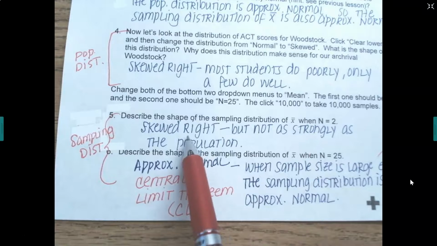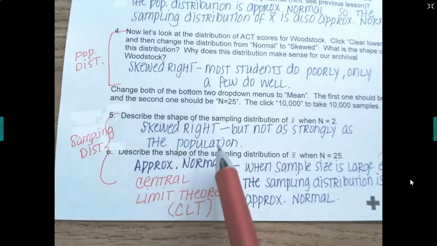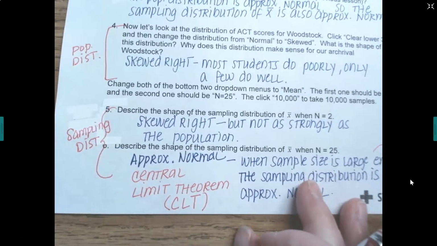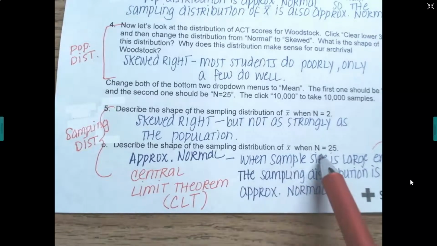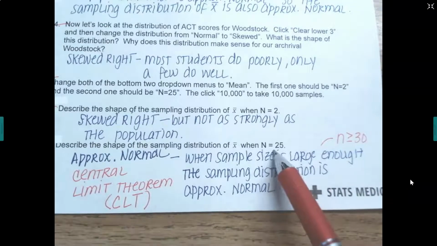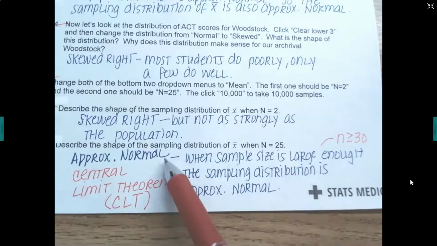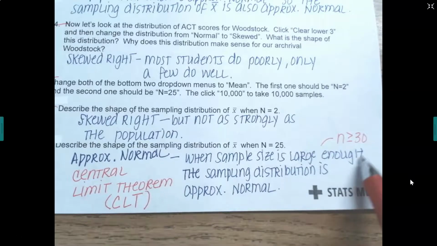It still remains skewed, just not as skewed as the population. But once we got up to a bigger sample size, here we didn't even hit n greater than or equal to 30, and we were able to achieve approximately normal. So there's a lot of factors in play, but we're going to use the central limit theorem and n greater than or equal to 30 to justify approximately normal, so we can use normal calculations to determine probabilities.